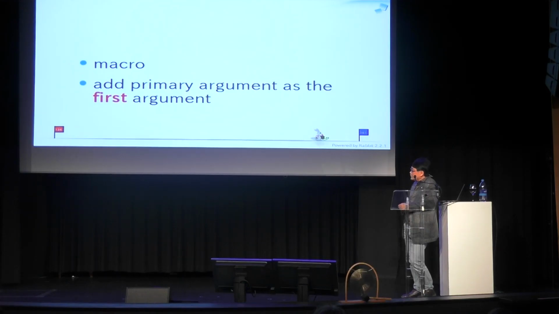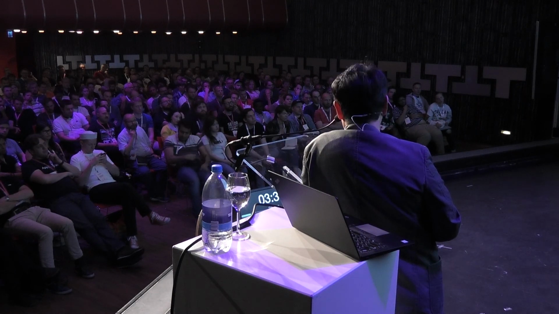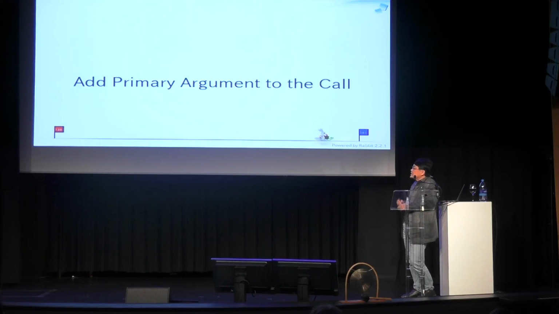It's implemented as a macro, and it passes the primary argument as the first argument of the function call, because in the Elixir library, most functions take their primary argument first. So the concept of the pipeline operator is to add the primary argument to the call. In the case of F#, it comes at the end, and in the case of Elixir, it comes at the top, the first argument.